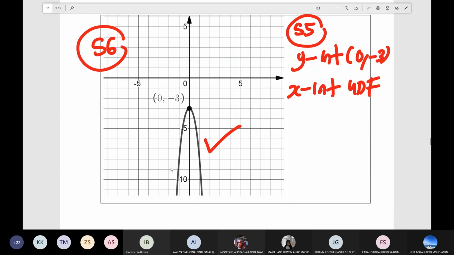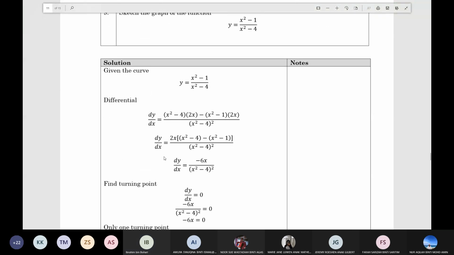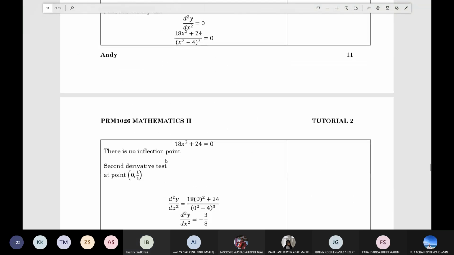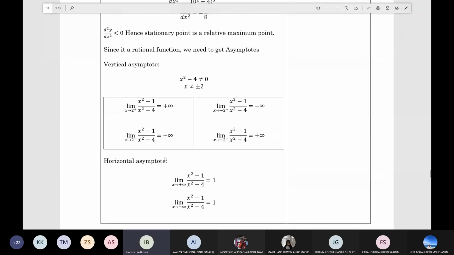Yeah. Okay, settle quadratic function and the rational function. Okay, rational function, sketch the graph of y equals to x squared minus 1 over x squared minus 4.